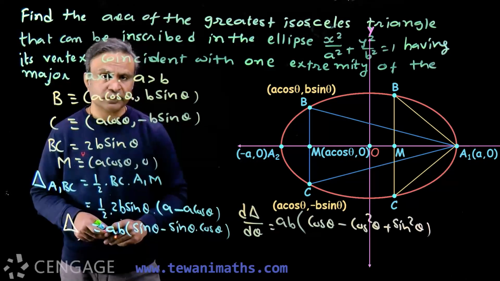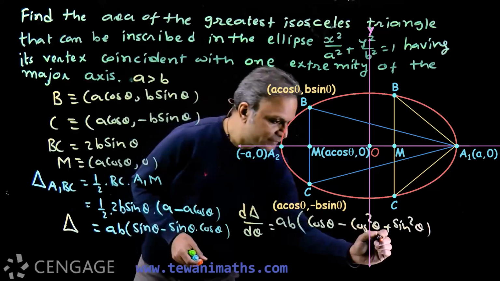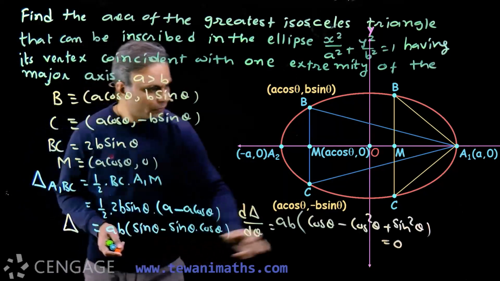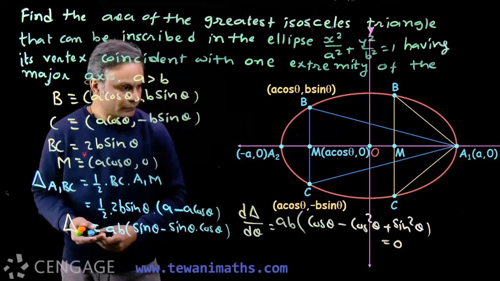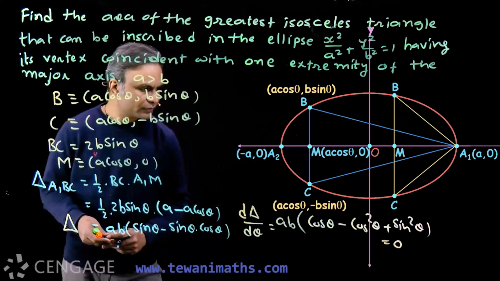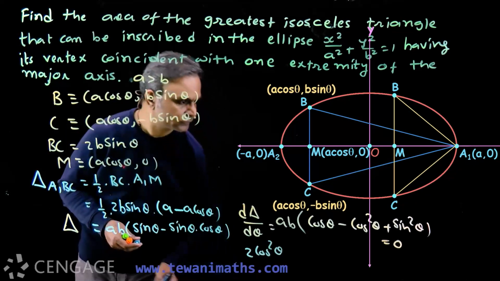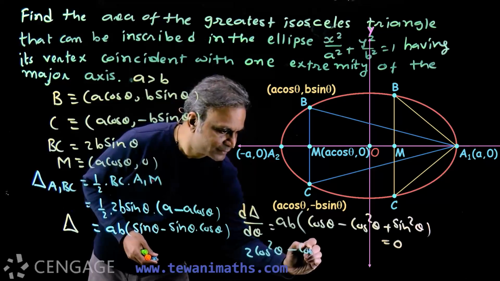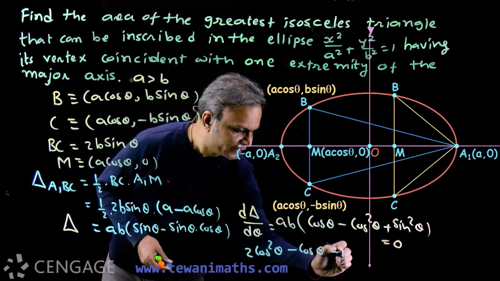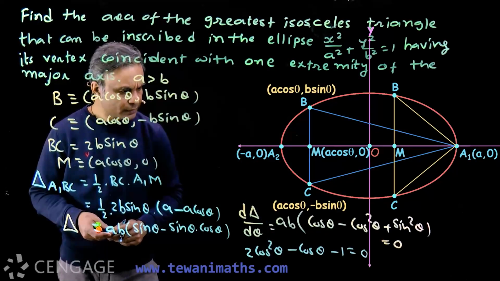To find the values of theta for which delta can be maximum, we compare this derivative to 0. Now we solve this equation. We write sin square theta as 1 minus cos square theta. So we have equation 2 cos square theta minus cos theta minus 1 is equal to 0. ठीक है ना?